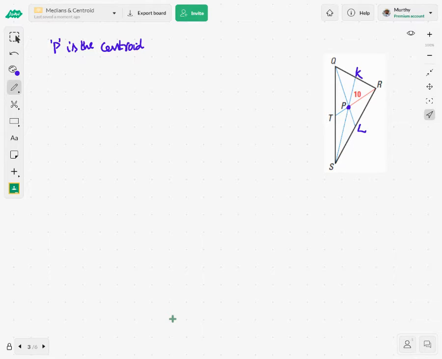Okay, and it's given that KP equals 10 units. Let's say that you are asked to find the length of SK, and also find the length of PS. You are asked to find both SK and PS. Then how to figure out these two?